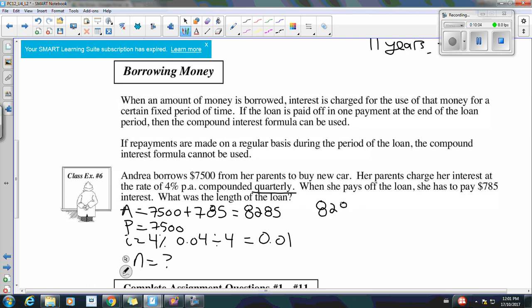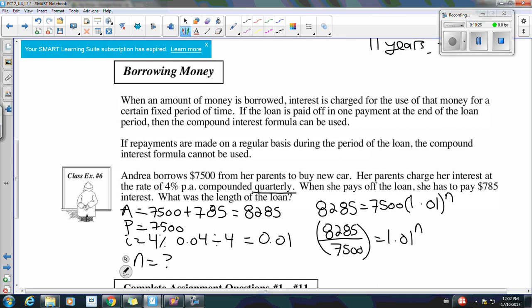Now we go to our equation. We're going to start by dividing both sides by 7,500. So this equals 1.01 to the n.